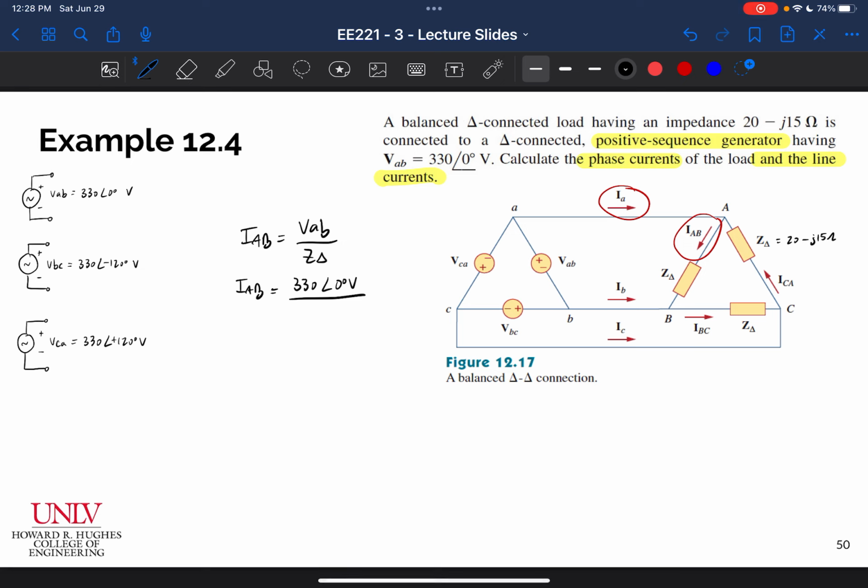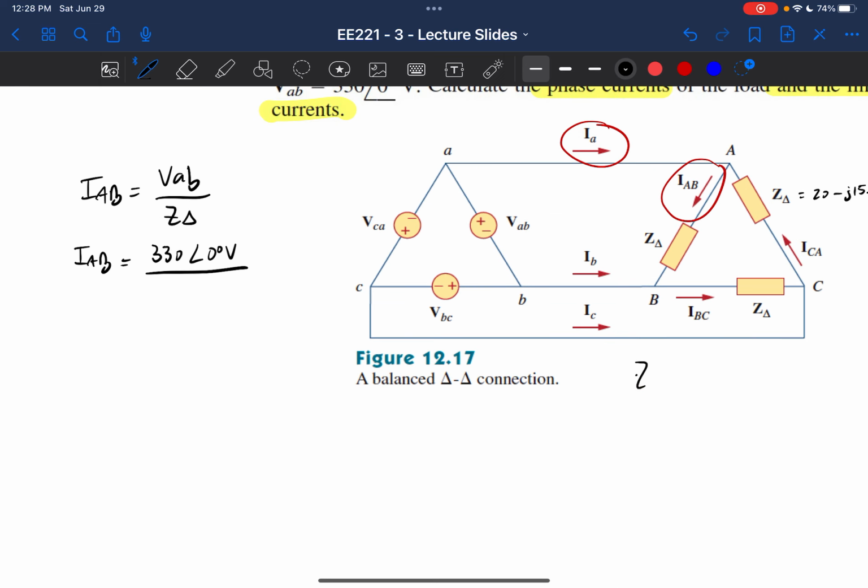I'll take 20 minus 15i and convert. I get that the phasor form of Z delta is 25 angle negative 36.87 degrees ohms.